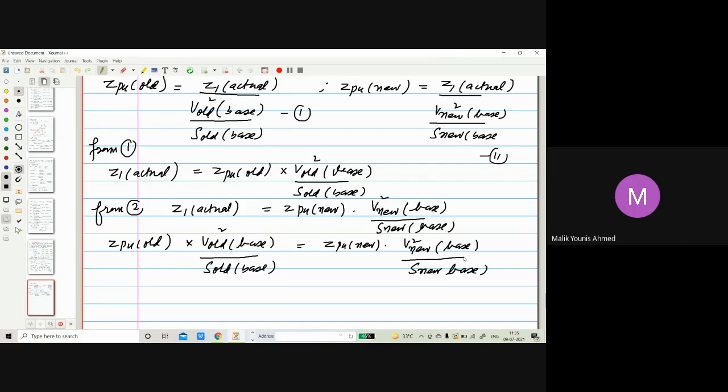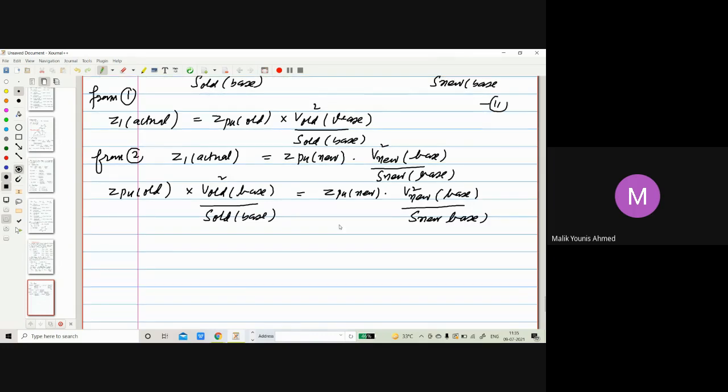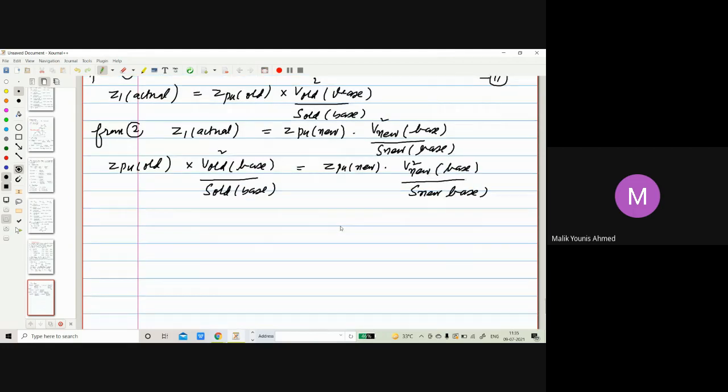I have equated these because both are equal to Z1 actual. Now I have to find Z per unit new, the new value given the system basis. You will be given a particular system basis, the complex power base, apparent power base, as well as a voltage base. So you have to find Z per unit new.